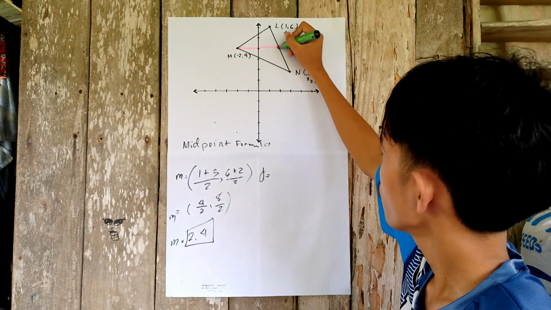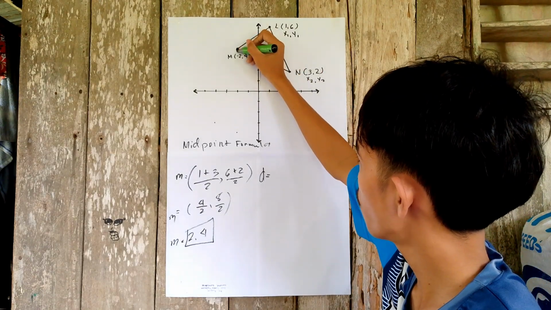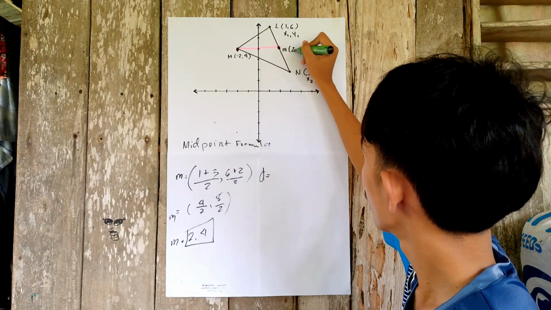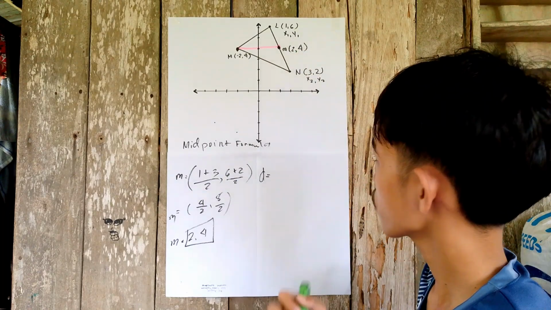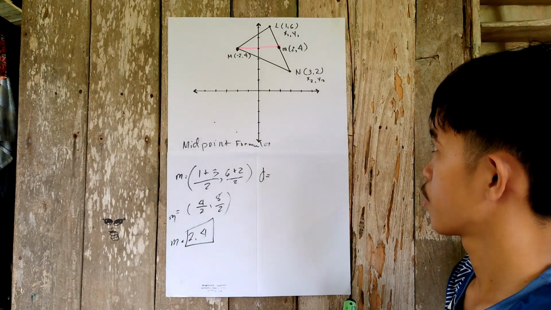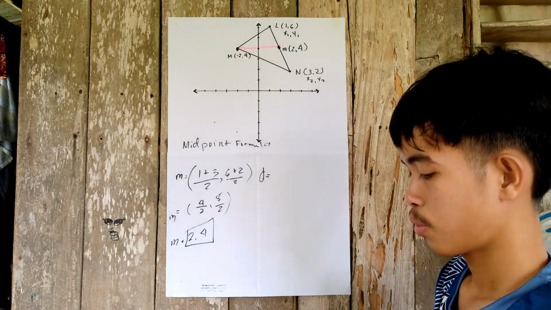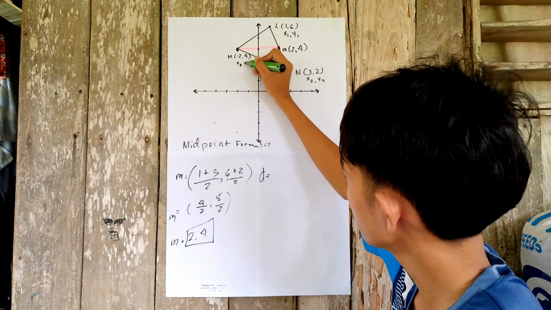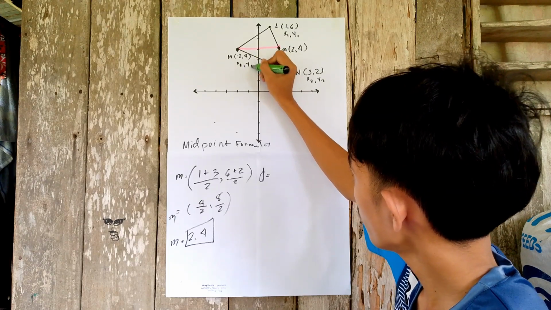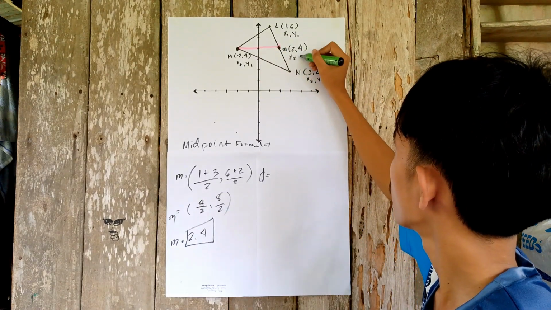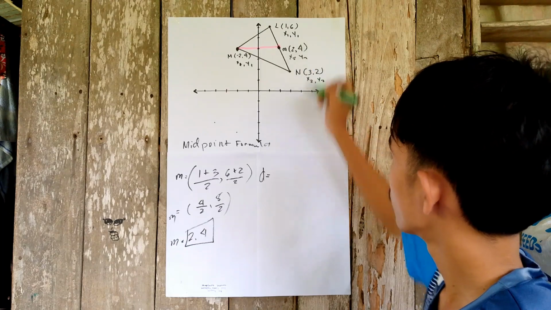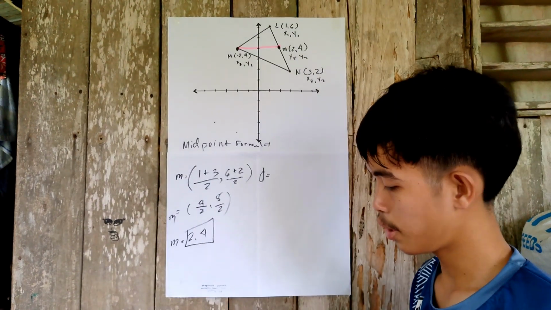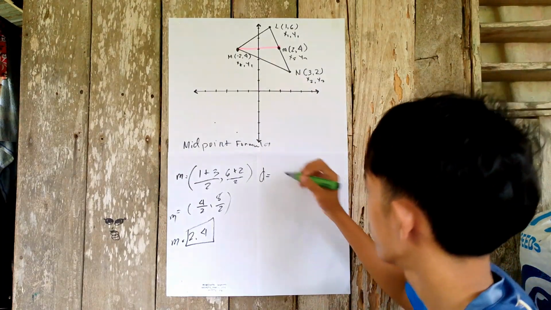So, we need the use of these 2 points. The midpoint is 2, 4. This will become our x1 and y1, and this x2 and y2. Let us substitute those coordinates in our formula.